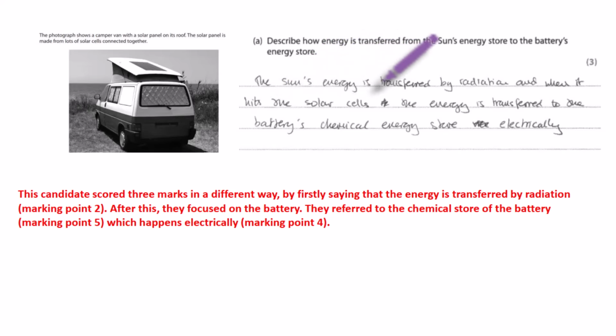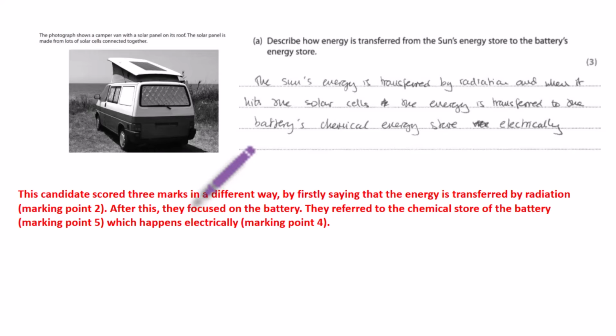The sun's energy is transferred by radiation, and when it hits the solar cells, energy is transferred to the battery's chemical energy store electrically. The candidate scored all 3 marks in a different way by firstly saying the energy is transferred by radiation. That's fine. After this, they focused on the battery.